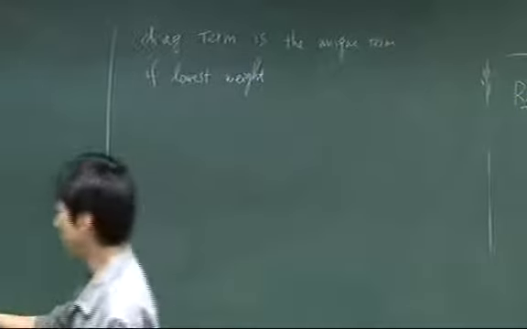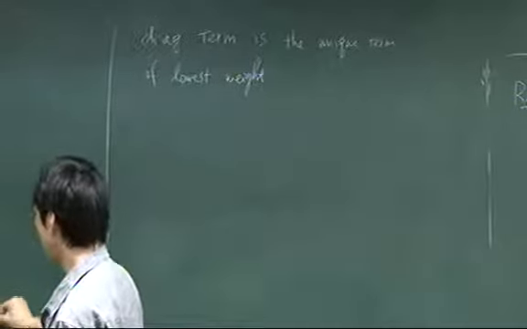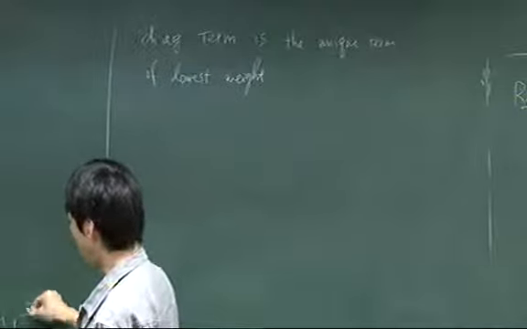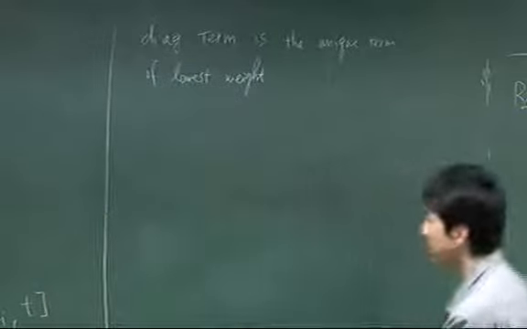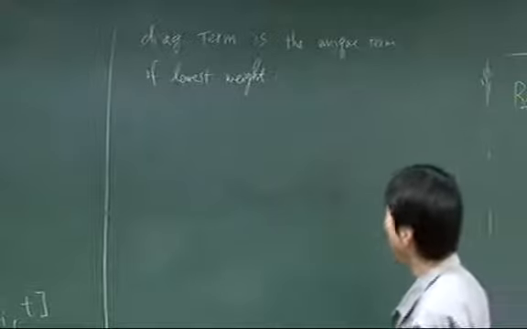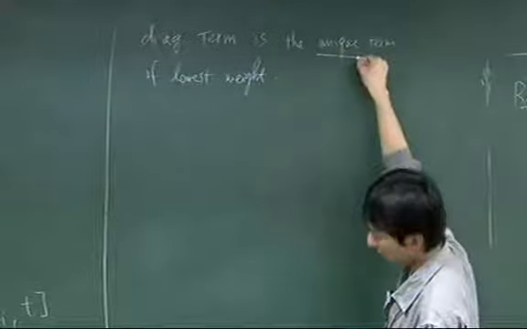So this is a polynomial in z_ij and also in t.